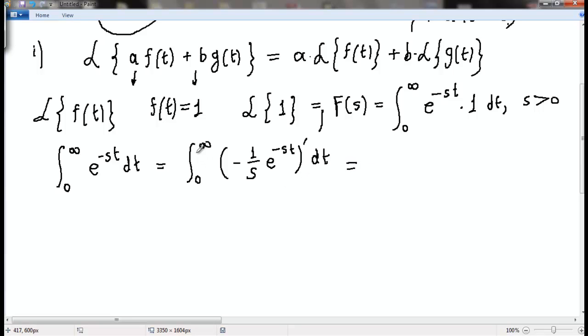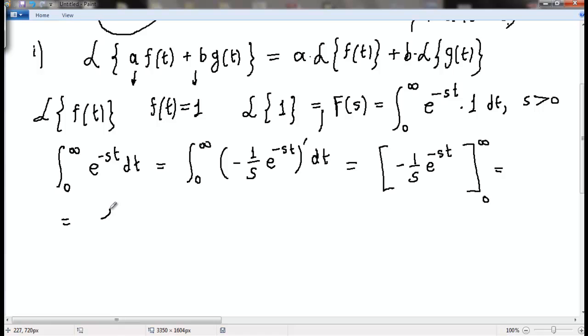So here, because I have the integral of the derivative, this is the value of this expression from 0 to infinity.